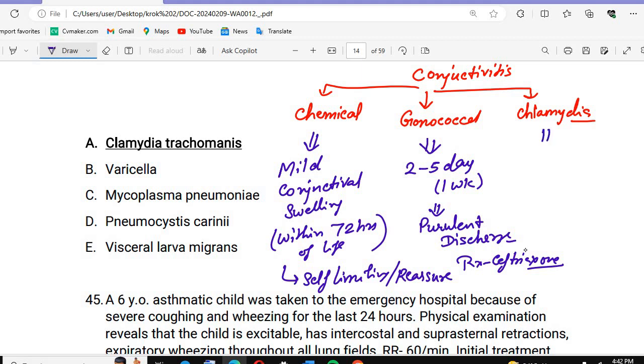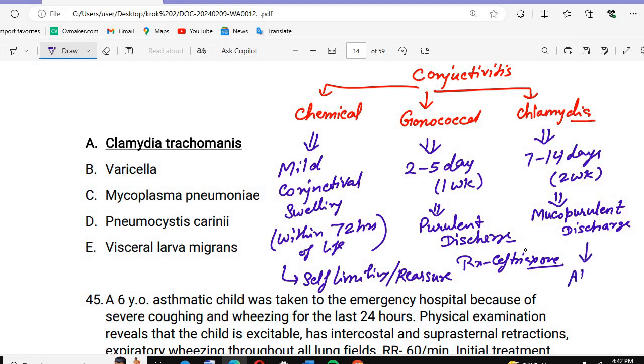In chlamydia, conjunctivitis is possible within 7 to 14 days, at minimum about 2 weeks. Here we also see purulent discharge, but along with the pus there is mucus, so it becomes a mucopurulent discharge, and this can lead to atypical pneumonia.